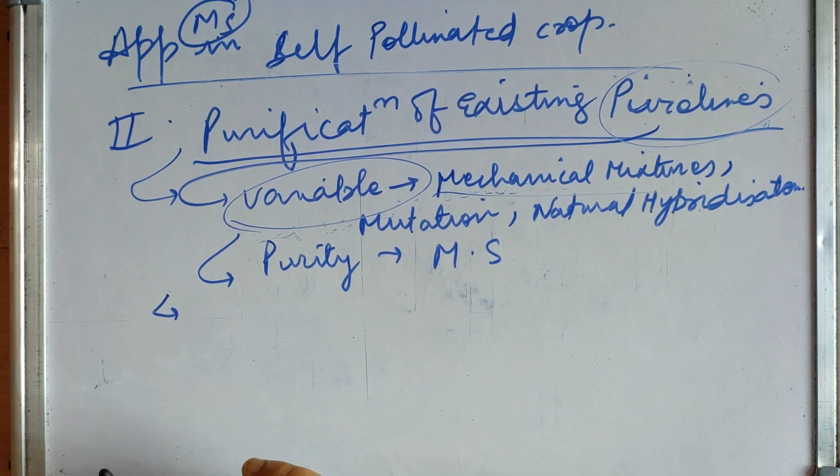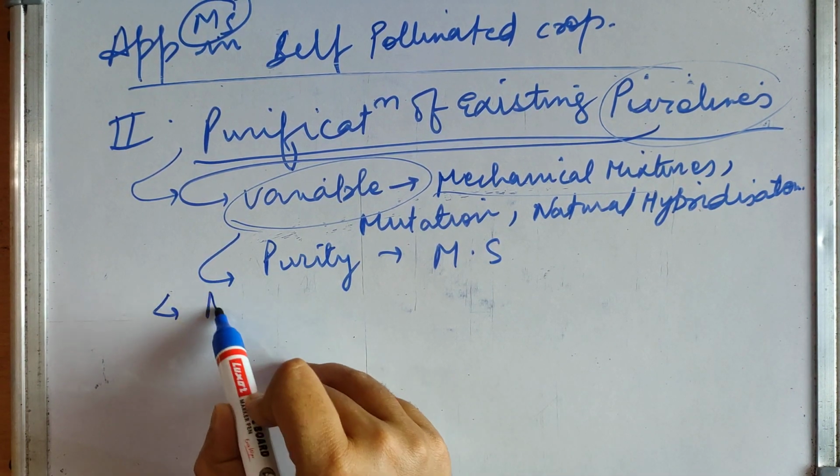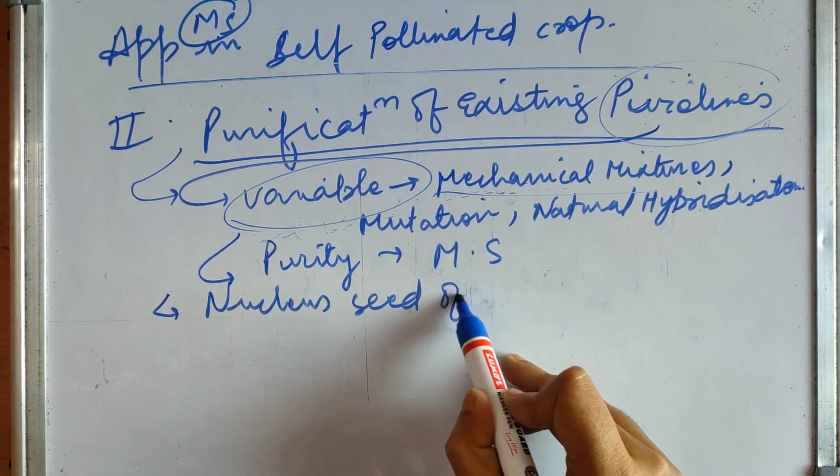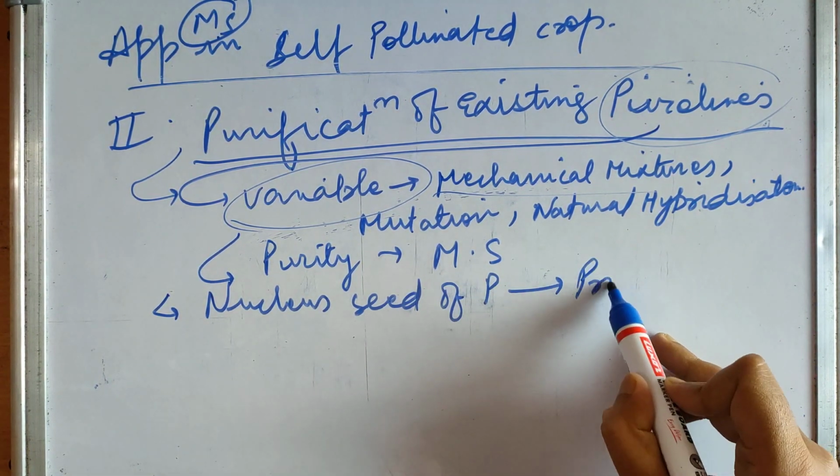Also, nucleus seed of pure line is produced through mass selection.